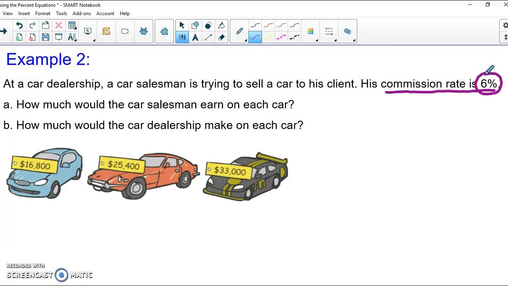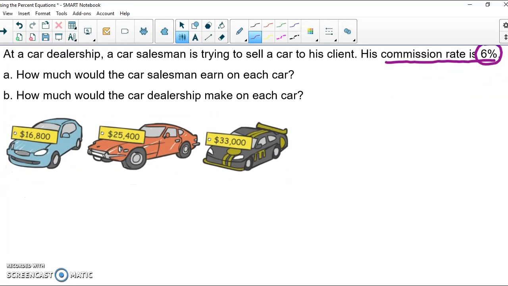So if he sells this first car here, which is $16,800, and I want to know how much the car salesman earns, then I need to find 6% of 16,800, which is really easy to do because I can use my percent equation. I'm going to turn 6% into a decimal. That becomes 0.06. Of means times.